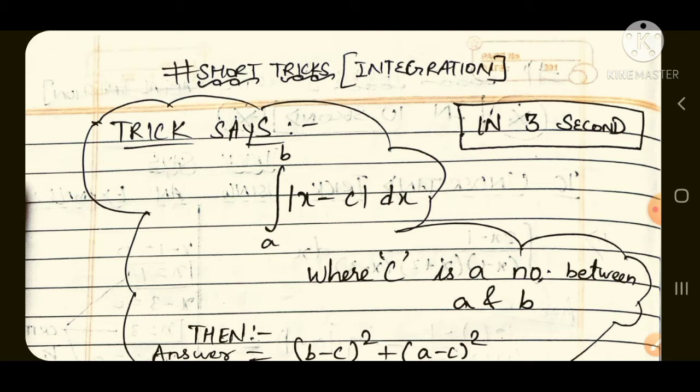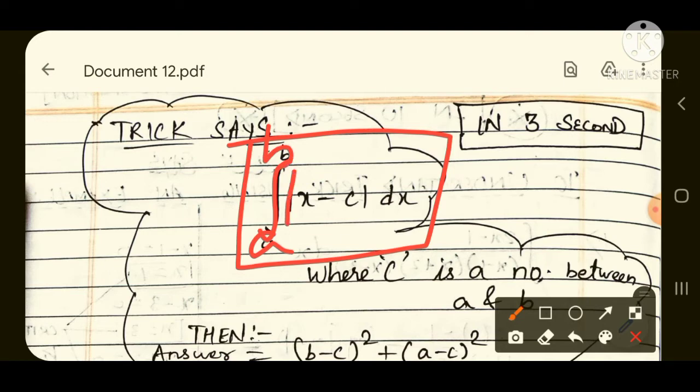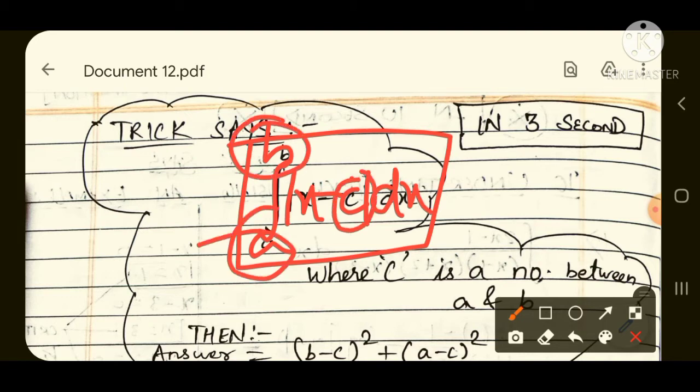Moving towards the trick, first I would like to tell you that the question has to be in this format only, then only you can apply the trick. Here the format is integration a to b of modulus of x minus c into dx, where this c has to be between a and b.